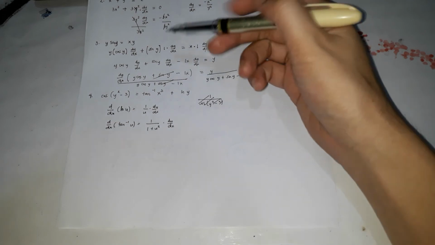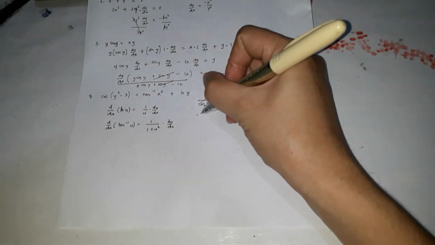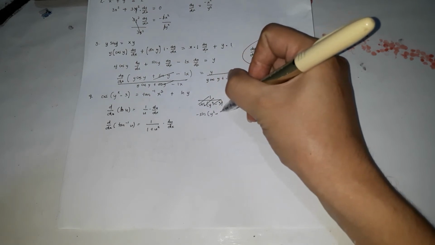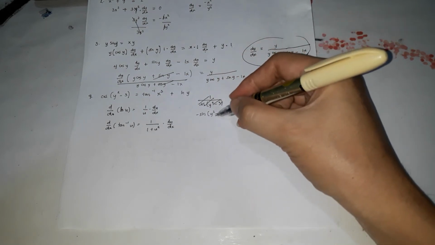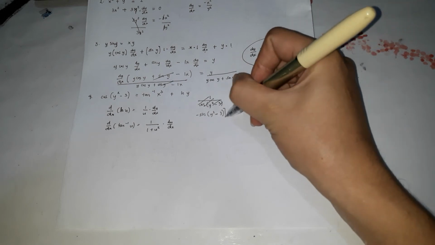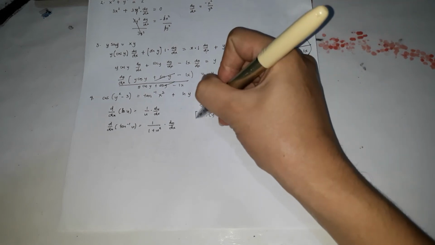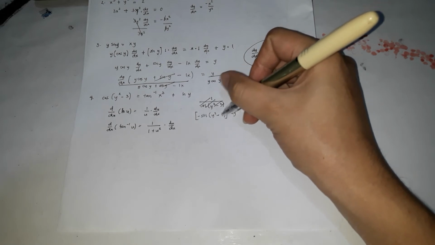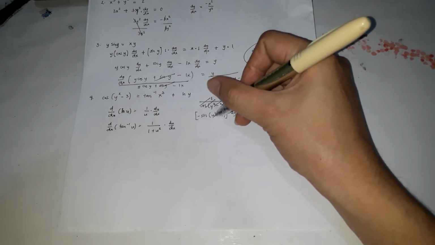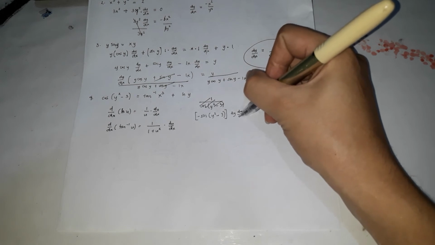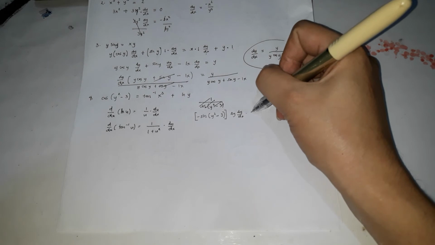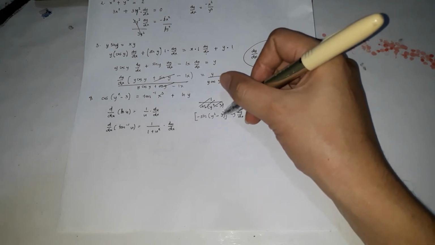The derivative of cosine is negative sine. So negative sine y squared minus 3. Tapos hanapin mong derivative nitong nasa loob. It's 2y minus 0. 2y siya. Because it's y, lagyan mo ng dy over dx. Tapos the derivative ng negative 3 is minus 0.